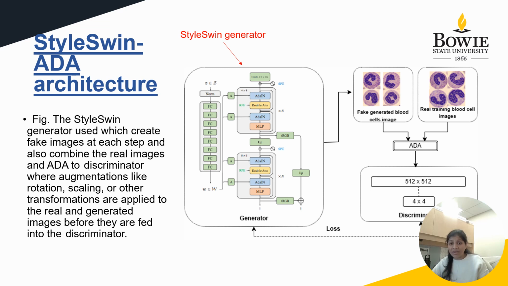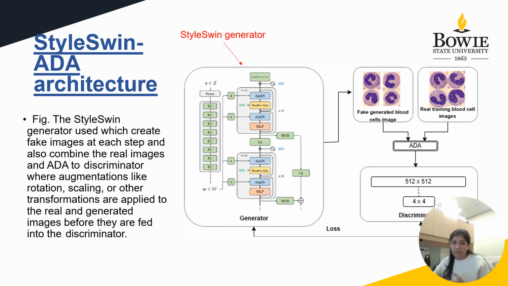The generator architecture progressively upsamples features starting from the learned constant input, applying double attention and multi-layer perceptron at each resolution to produce high quality images.